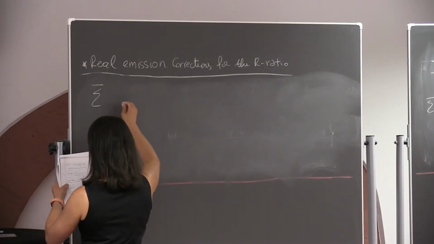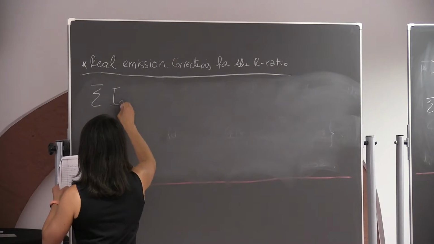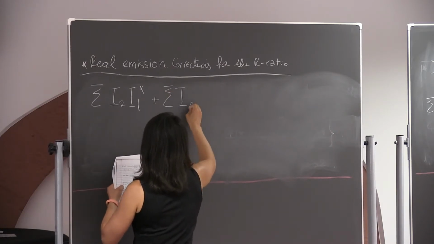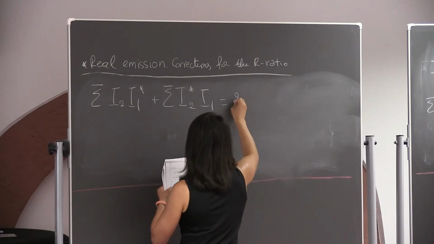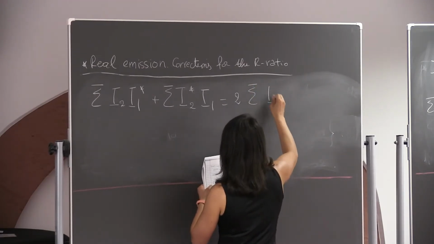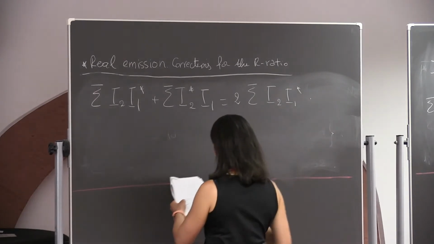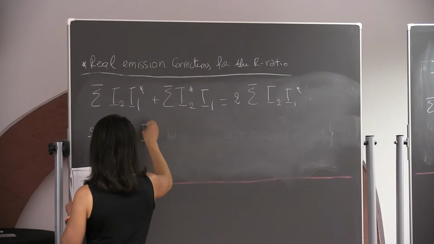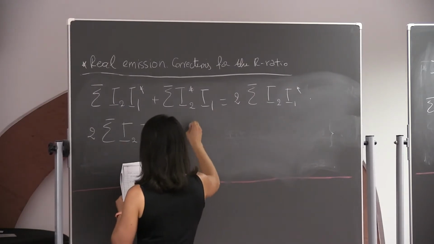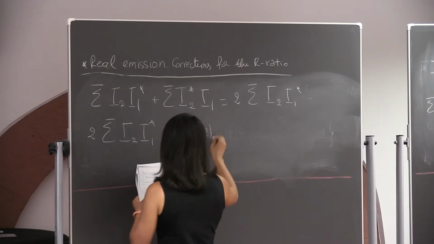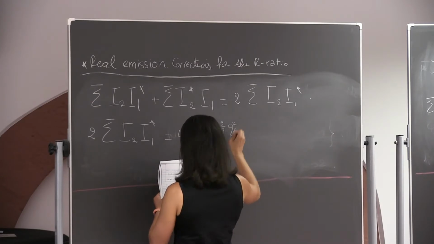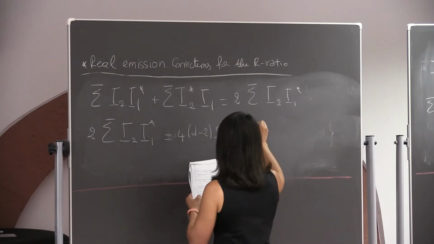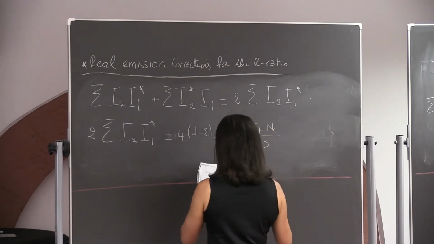And so what I have is just 2 times the average sum for I2 and I1 star, and so now we can write that, and that is the sum four times d minus 2 times EQ squared GS squared over S, S1G S2G, CF and C over 3.